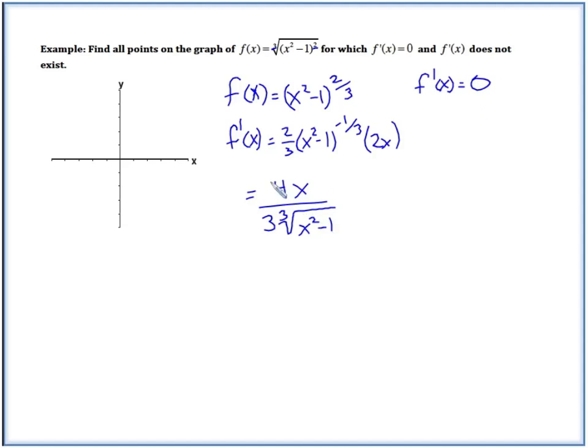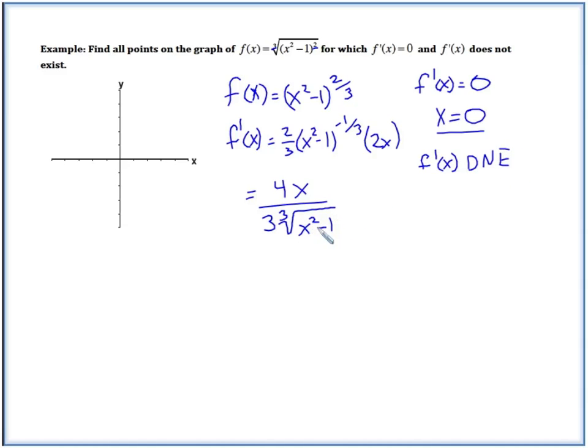Well, in looking at this function, okay, what would make this whole thing 0? Well, if x were 0, then it would work. Okay, so we know the derivative is 0 when x is 0, and we want to find where the derivative does not exist.